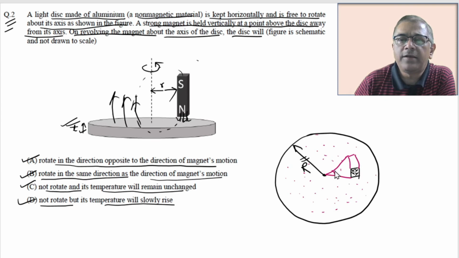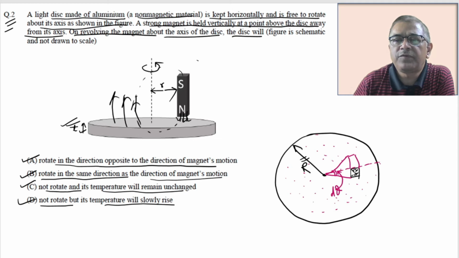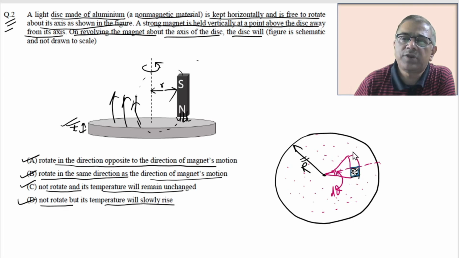So this is the angle by which the magnet has rotated, d theta. Now as the magnet rotates, let's see what happens. So this was the region through which magnetic field lines were entering.